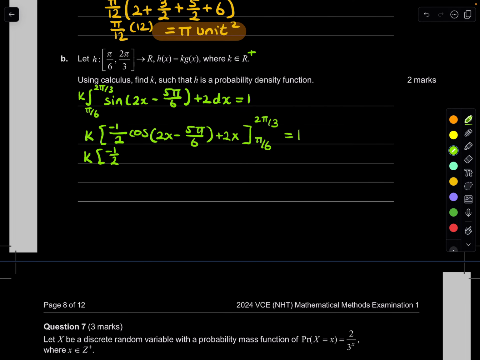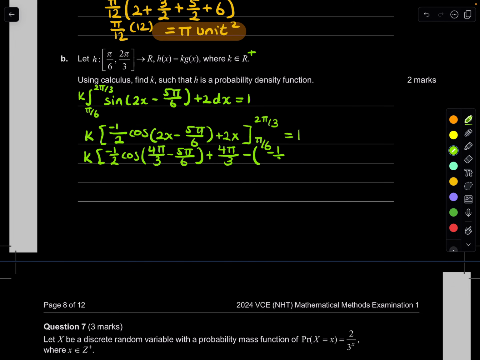So now let's sub in those values. The first one is basically 2 pi on 3. So cos 4 pi on 3, basically, minus 5 pi on 6, plus 4 pi on 3. So when you're subbing 2 times 2 pi on 3, yep, 4 pi on 3. And all this minus, now you're going to sub in pi on 6.